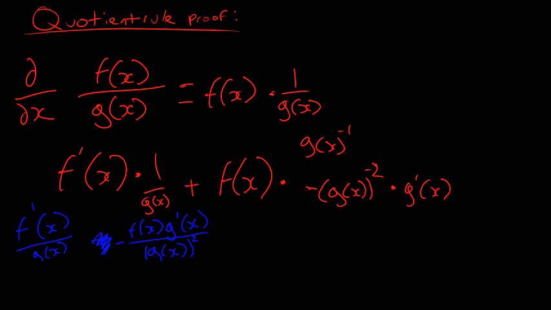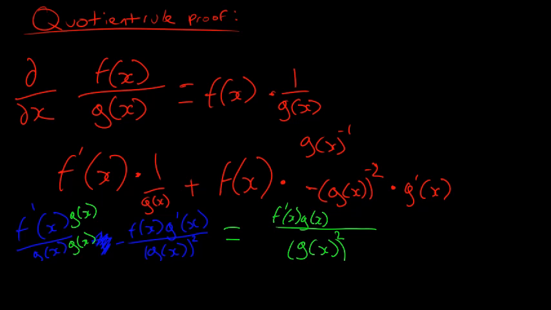And so we can subtract these fractions to make one neat fraction. We want to multiply the top and bottom of the first fraction by g of x, such that we get the same denominator. That allows us to have something all over g of x squared, being f prime of x g of x minus f of x times g prime of x.